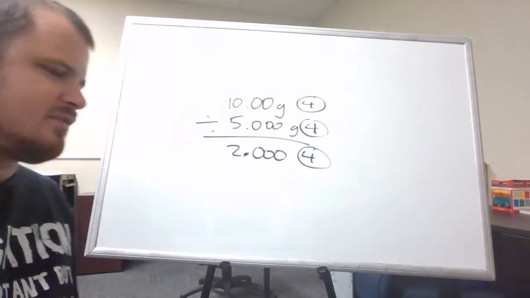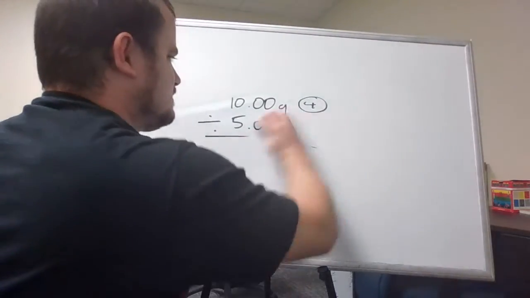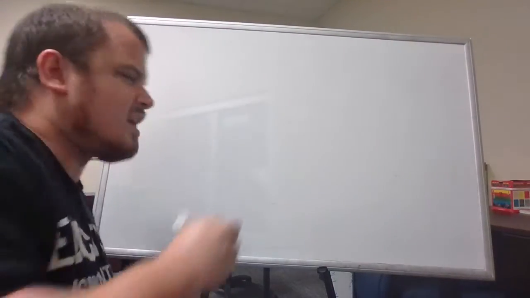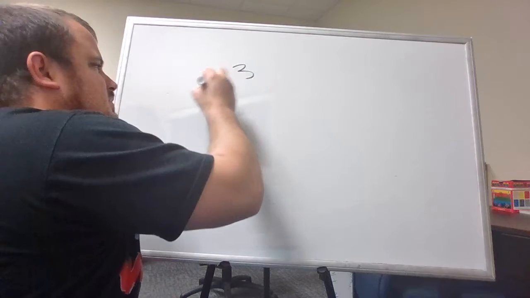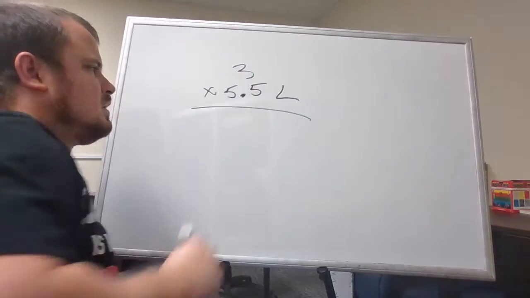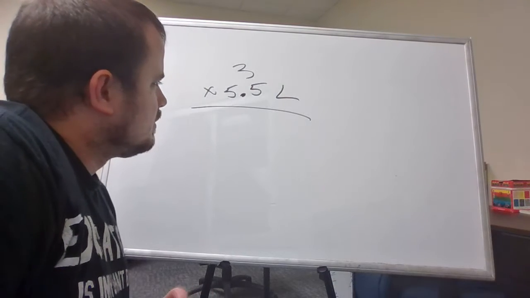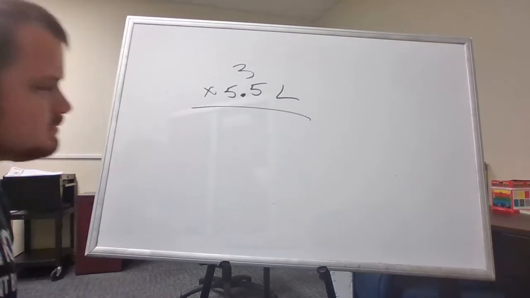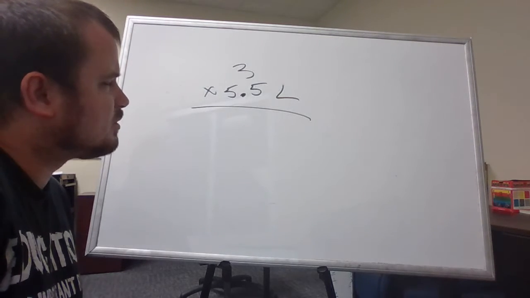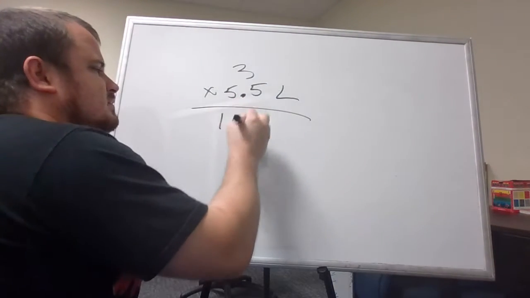Okay, number 5. We're going to do 3 times 5.5 liters. When we do 3 times 5.5, if you just do the math, we should end up with 16.5.